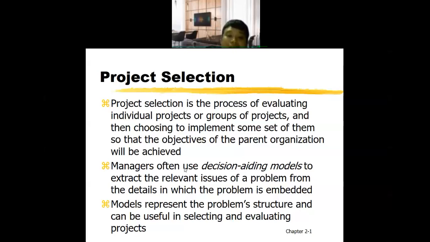Managers often use decision aiding models to extract the relevant issues of a problem from the detail in which the problem is embedded. Models represent the problem structure and can be useful in selecting and evaluating projects.